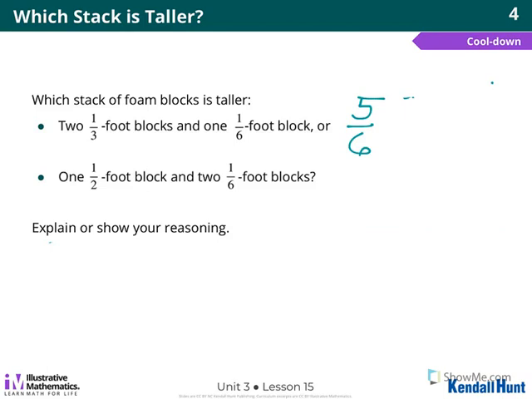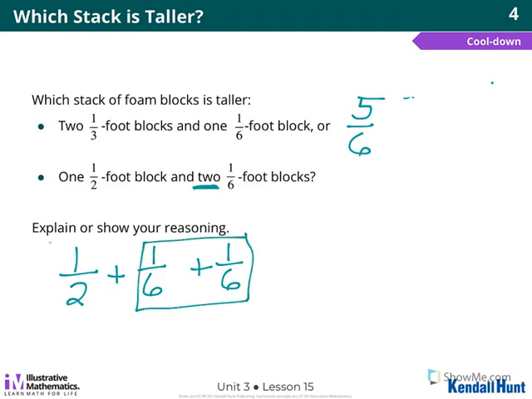Now the second one, let's see what that one's saying. 1/2 foot block, and two 1/6 foot blocks. I can add 1/6 plus 1/6. They have the same denominator, so I know that's 2/6.